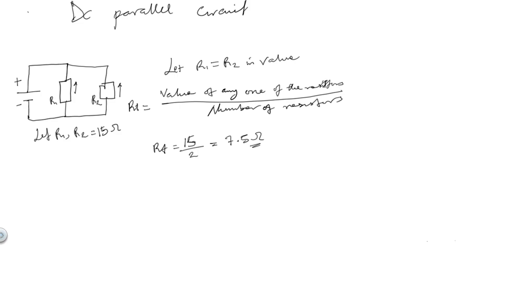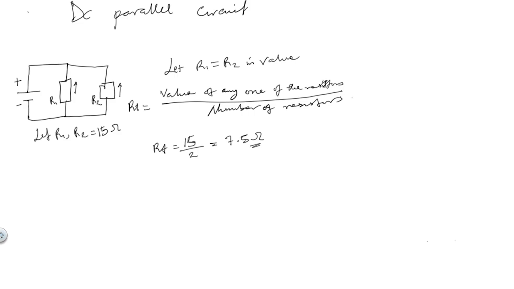So what if we have resistors whereby R1 and R2 are not of the same value? How do we go about that? Let's take an example. Let's say the value of R1 and R2 now are not equal.